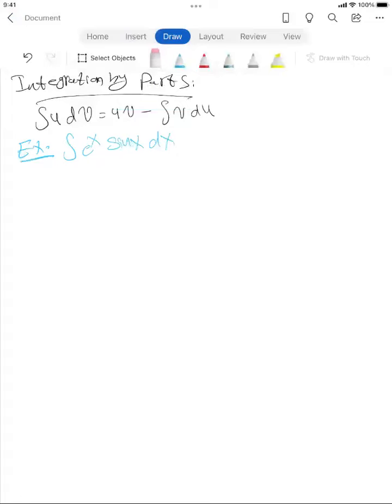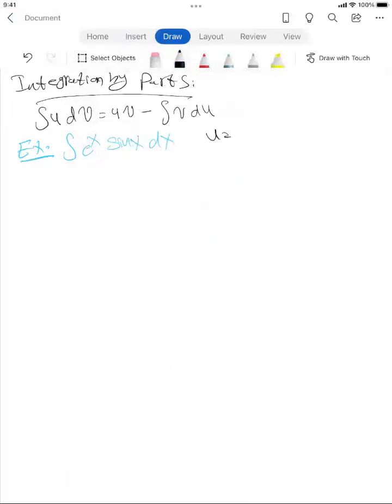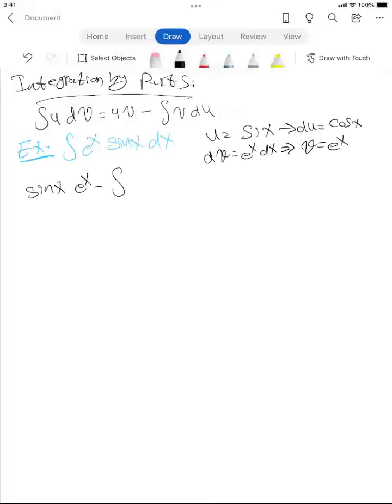So I would like to take u to be sine of x, then du is cosine of x, and dv equal e to the x dx, then v equal e to the x. Then this one will become sine of x e to the x minus integral of e to the x cosine of x dx.